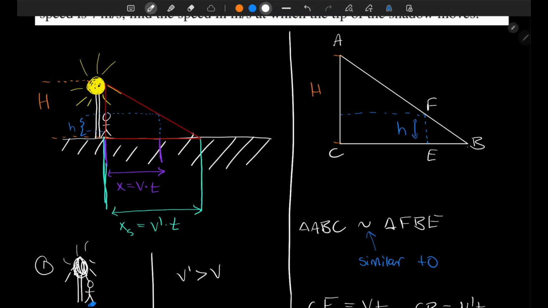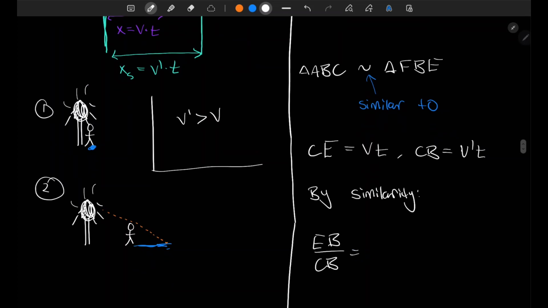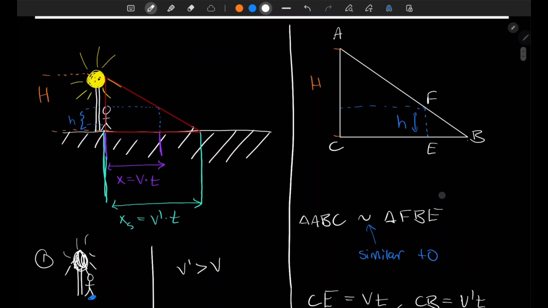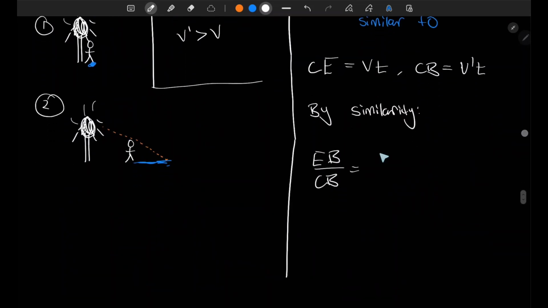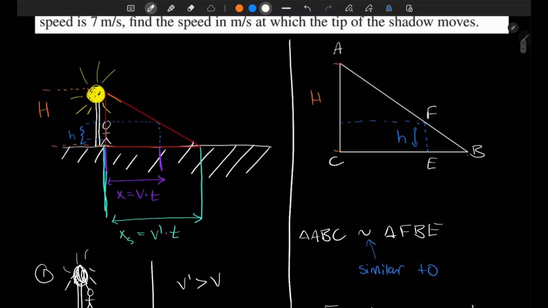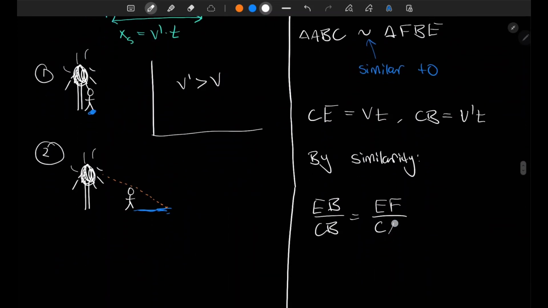So all of these ratios are the same, and that's just some fact about similar triangles. So namely, this ratio is equal to the ratio of, let's say, these long side lengths. So that's equal to the ratio of EF divided by the side length CA.